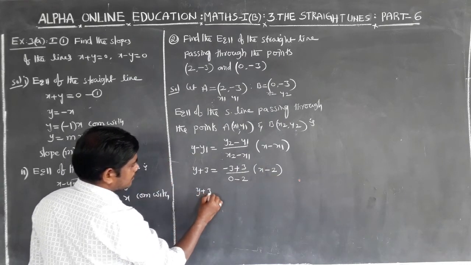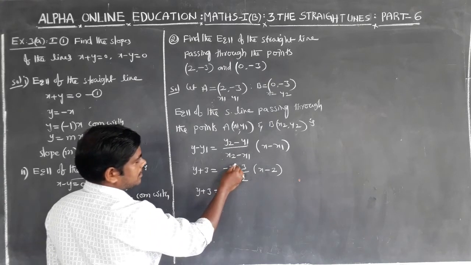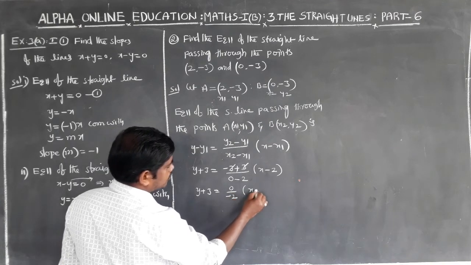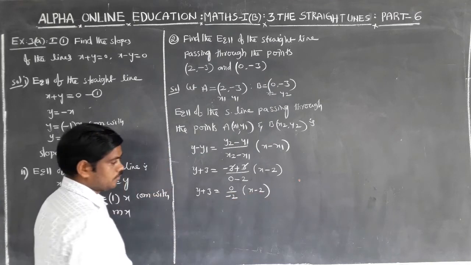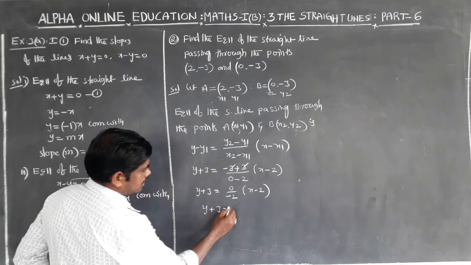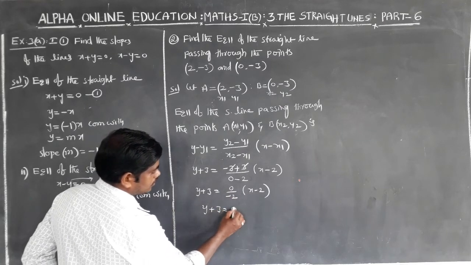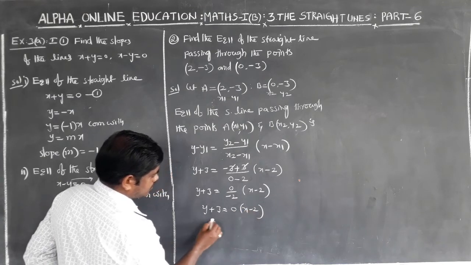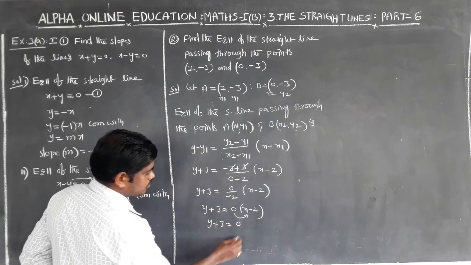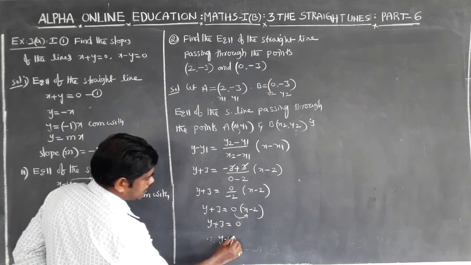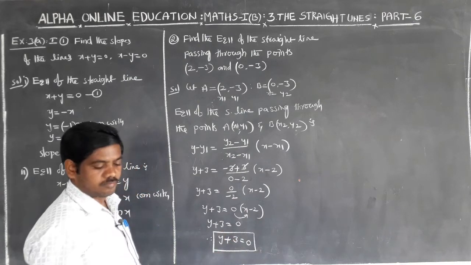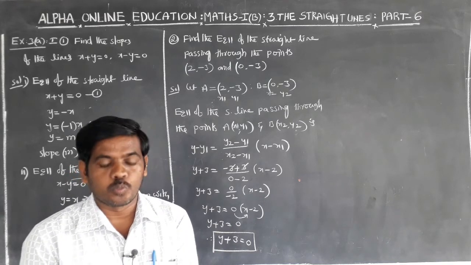Y plus 3 is equal to minus 3 plus 3 cancels, 0 by minus 2 into x minus 2. 0 by something is 0. Therefore y plus 3 is equal to 0. This is the equation of the straight line.